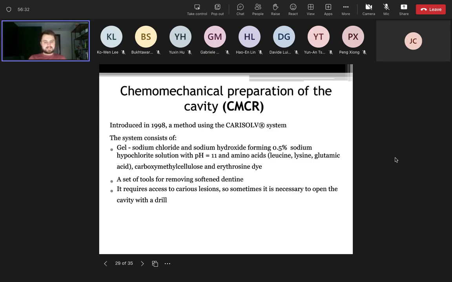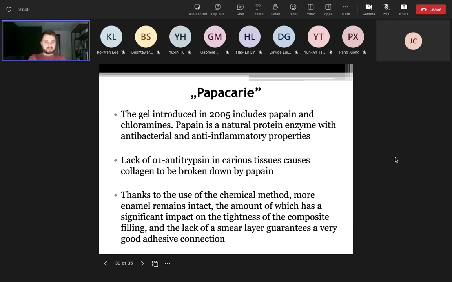So we place it in the cavity, we let it work in the cavity, then we remove it with handpieces like excavators to remove the changed dentin, and then we make a filling.